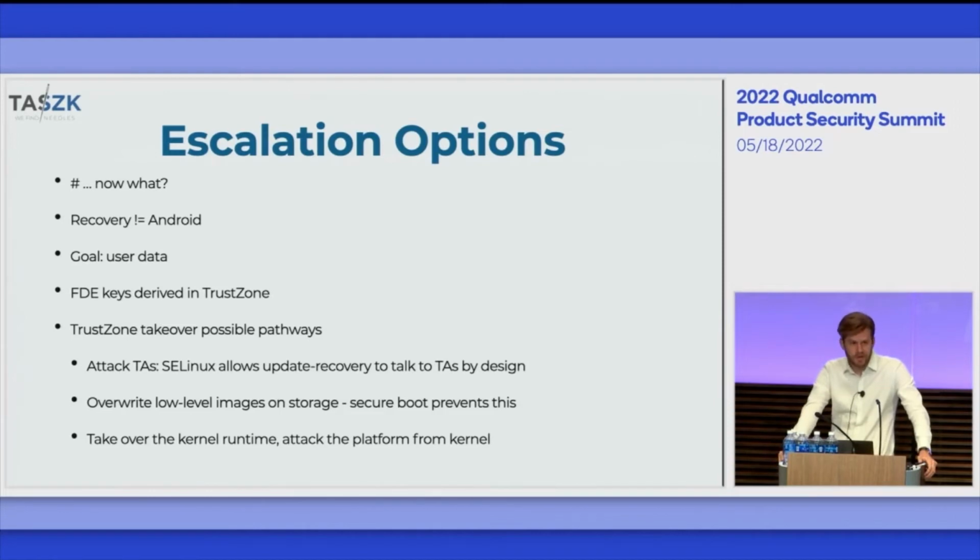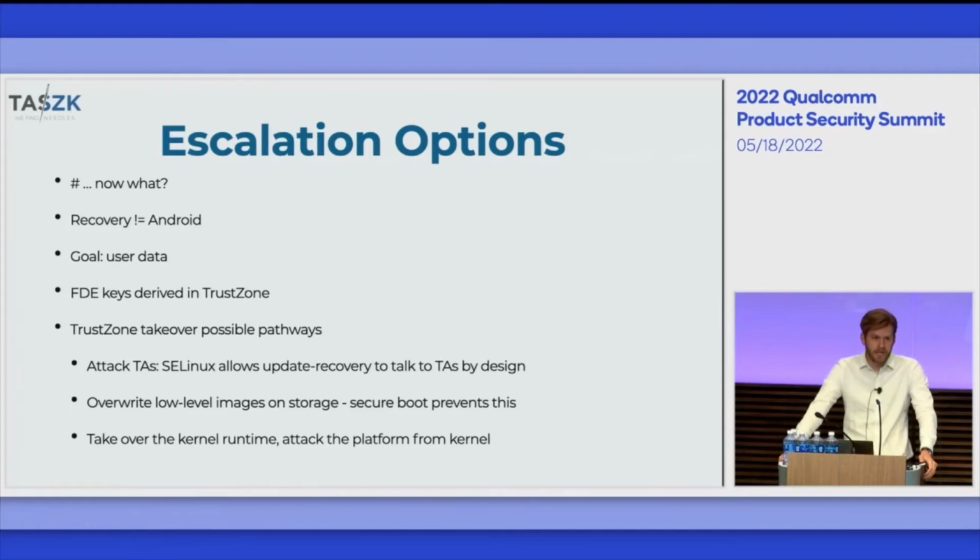This obviously wouldn't be unheard of. As far as I understand, the next talk is going to be about trust zone as well. And as recently as last month, there was a highly rated trustlet vulnerability in a Huawei bulletin. So it's certainly not unheard of as an attack surface, but it's not what we looked at in this research.